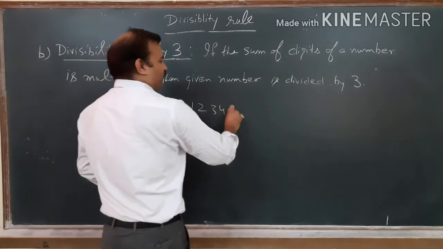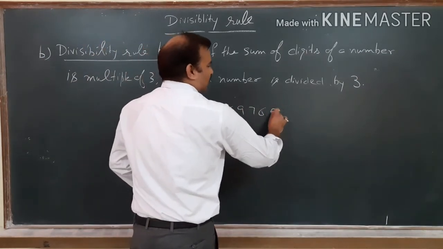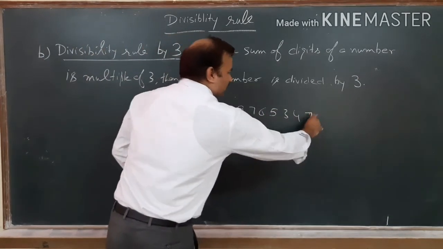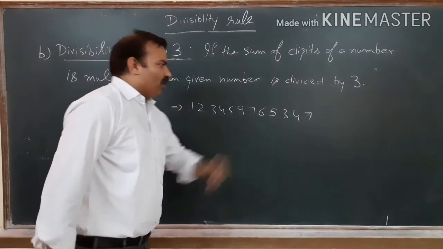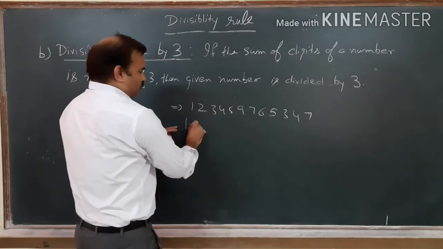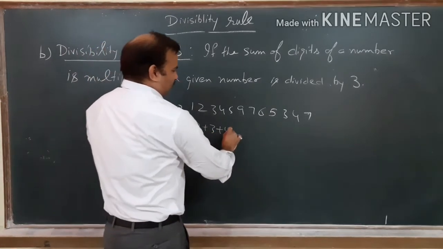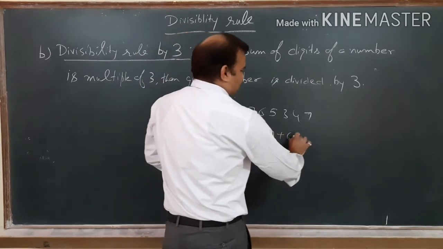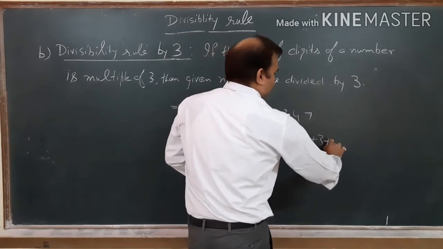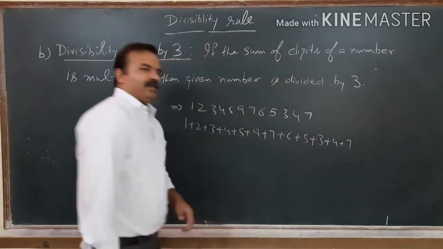Let me take an example: 1, 2, 3, 4, 9, 7, 6, 5, 3, 4, 7. Now we have to add all the digits. It's 1 plus 2 plus 3 plus 4 plus 5 plus 9 plus 7 plus 6 plus 5 plus 3 plus 4 plus 7.